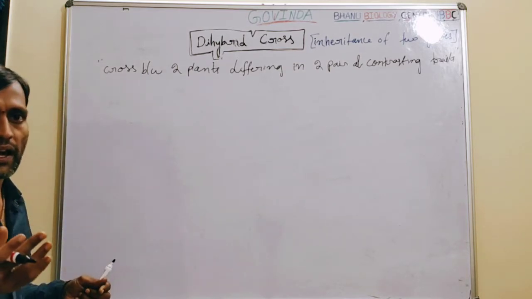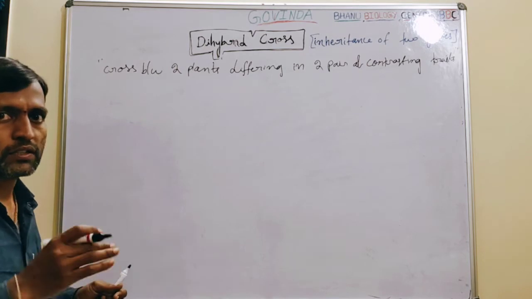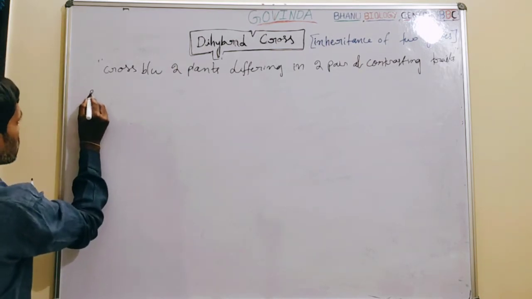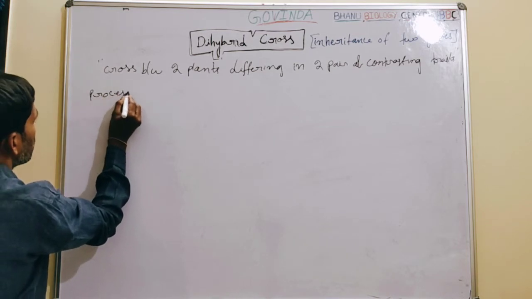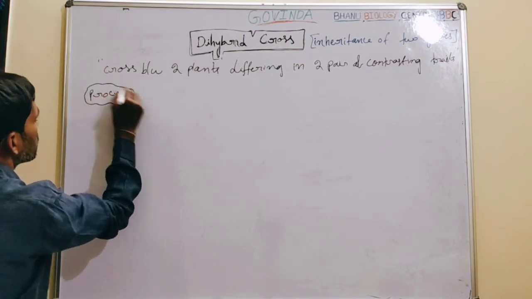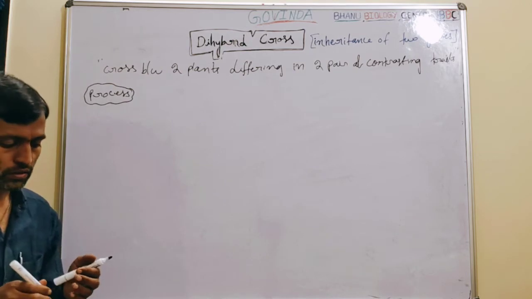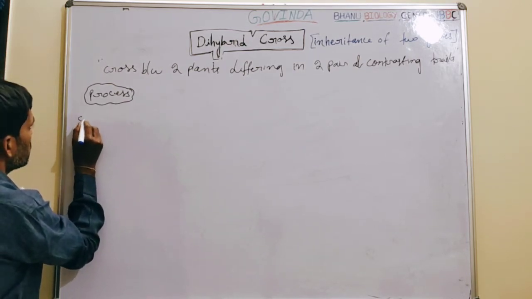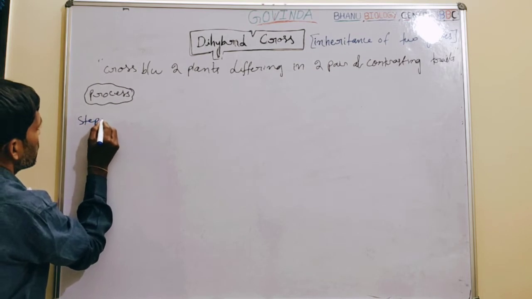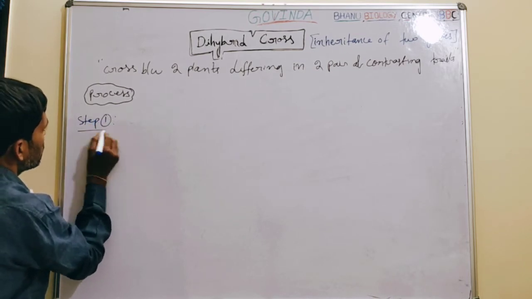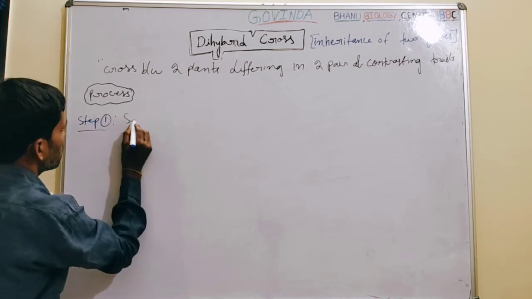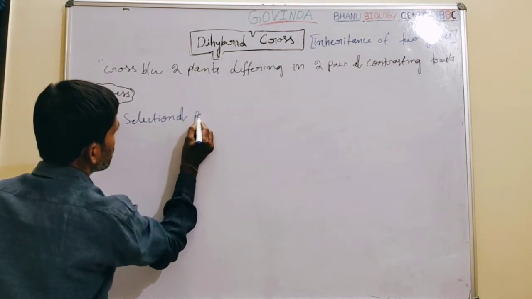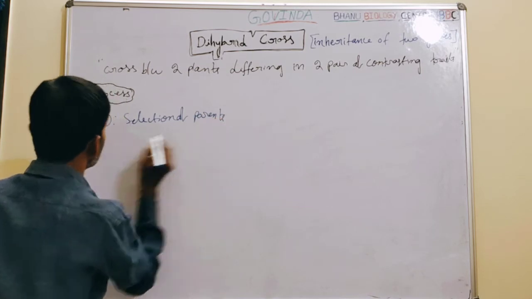Then what is the experimental process? I already explained it in the previous videos, so here I briefly explain it. The process involved in the cross or experiment has various steps. Step number one, selection of parents.